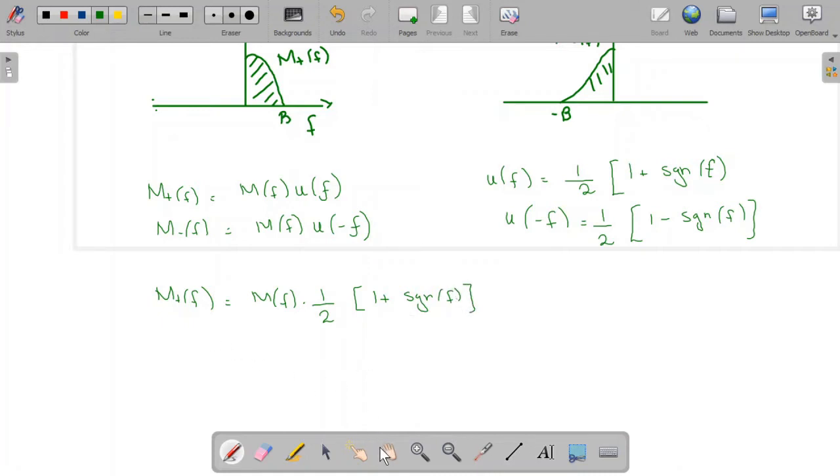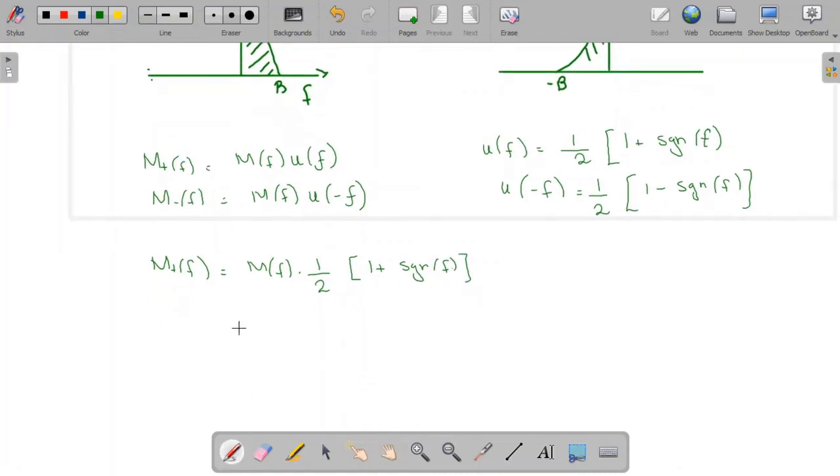Let me simplify it. This will be equal to m of f divided by 2 plus m of f into signum of f divided by 2.